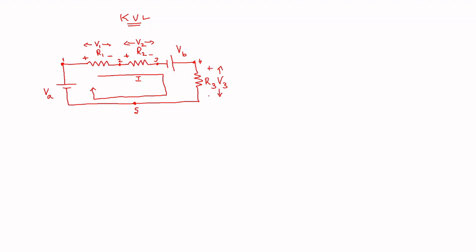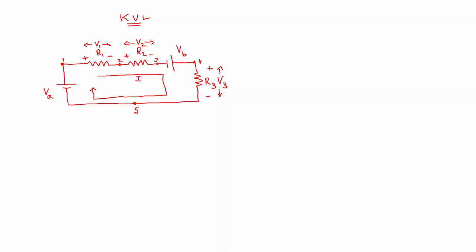So likewise for this also. So now in this loop you have 5 potentials VA, V1, V2, VB, V3. Sum of all these potentials should be equal to 0. According to KVL, sum of all the potentials in a closed loop should be equal to 0.